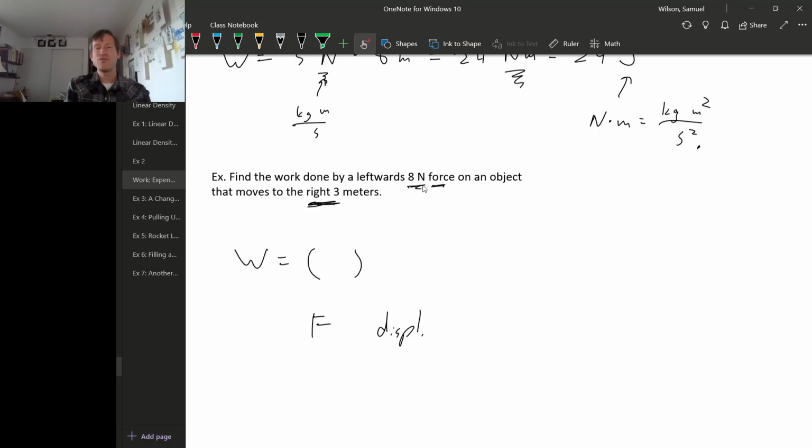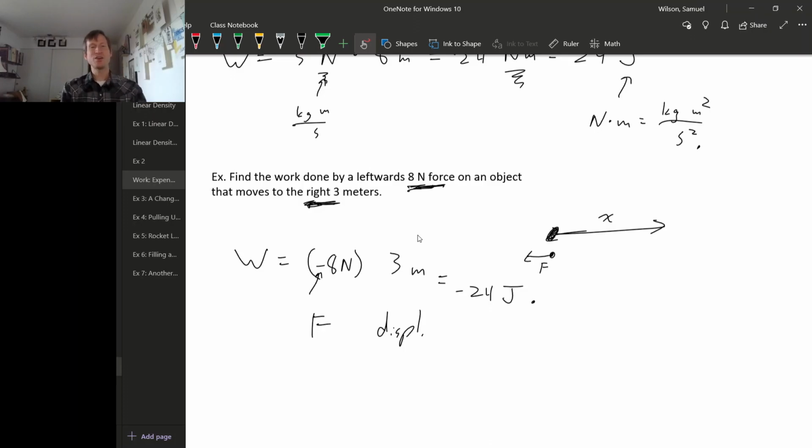Since the displacement is to the right, we express it as a positive 3, and the force is in the opposite direction, so we have to express it as negative. That's why the minus sign is here. Negative 8 times 3 is negative 24, and a Newton times a meter is a joule.